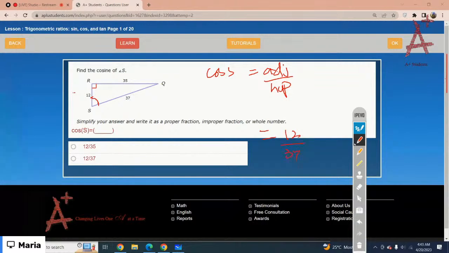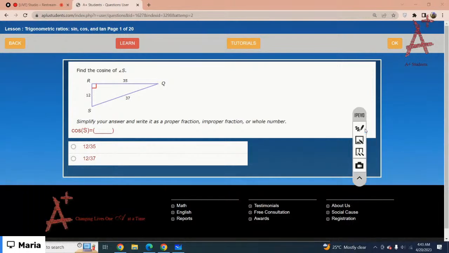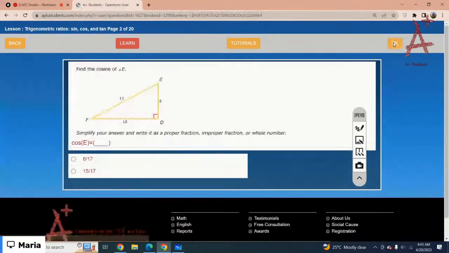So it would be 12 divided by 37. So the correct option is 12 divided by 37.